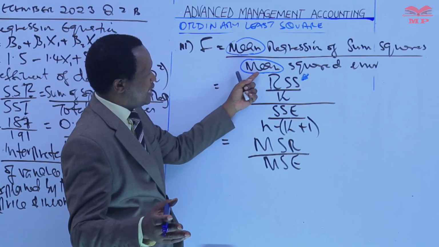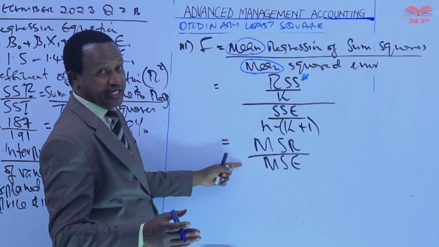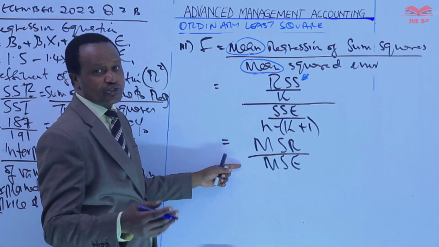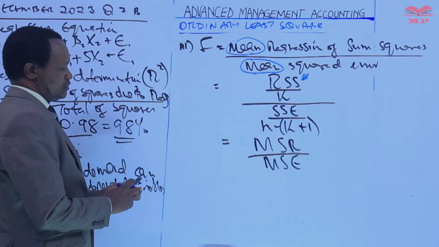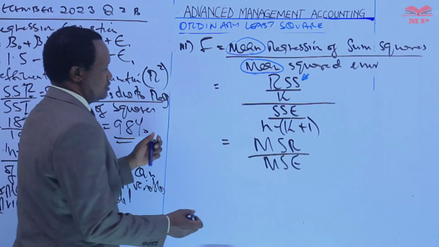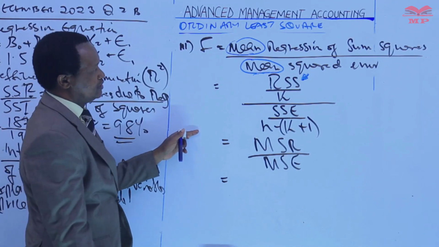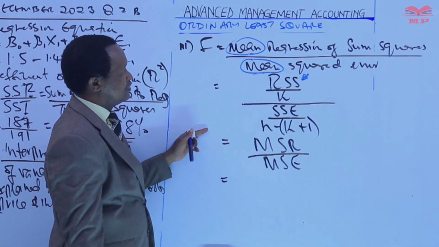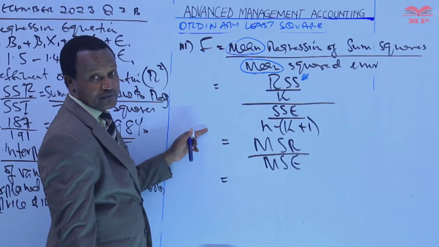MSE is just the same thing, candidates, here. MSE is the mean squared error. So let us land. We are now landing, candidates. We have to calculate the F statistic, F calculated.